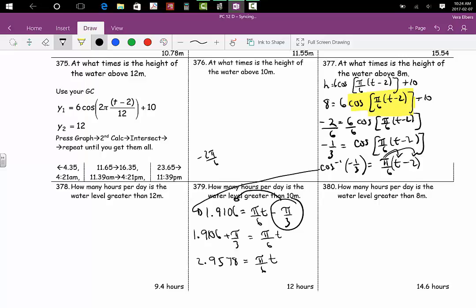Now to isolate your t, you want to multiply both sides by 6 over pi, so that you can reduce your pi's and your 6's. That leaves you with t equals, and then multiply the 2.9578 by 6, and then divide by pi, and you get 5.65.